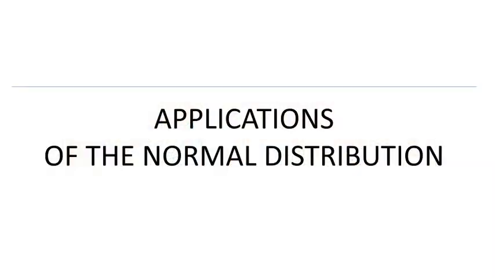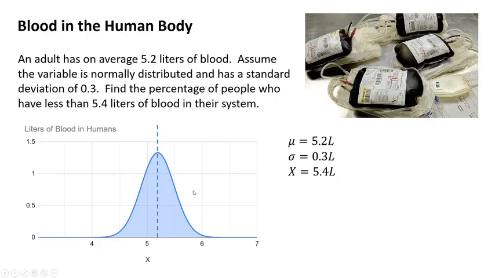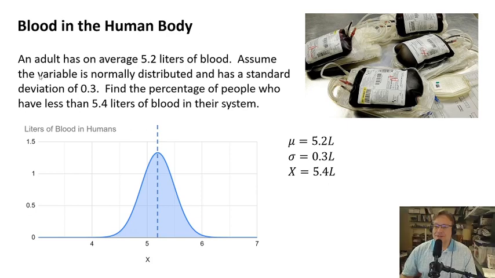It's going to begin here with this particular problem in which we are taking a look at the number of liters of blood that exists inside the average human body. You can see here that the problem shows that an adult has an average of 5.2 liters of blood. Assume the variable is normally distributed.